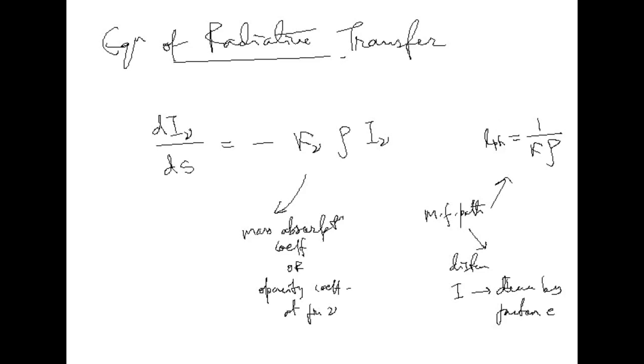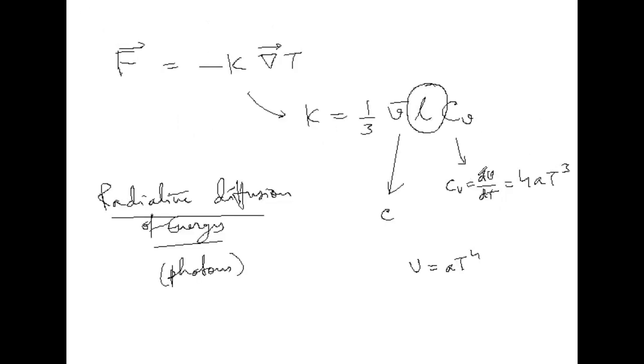Now this kappa we will just call from now onwards opacity, not opacity coefficient. So let us then compute this radiative conductivity. If we compute it, you will see that its value comes out to be 4/3 a c T cubed by kappa times rho.